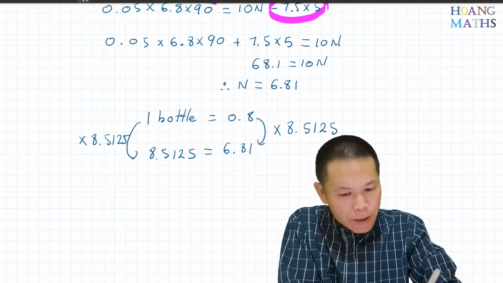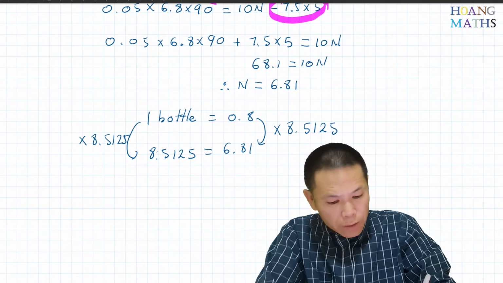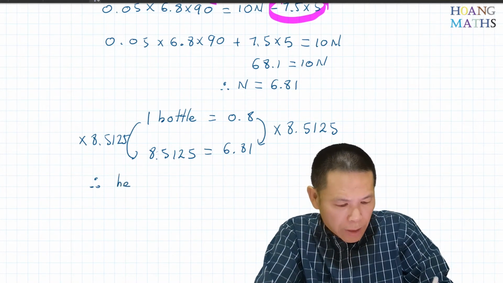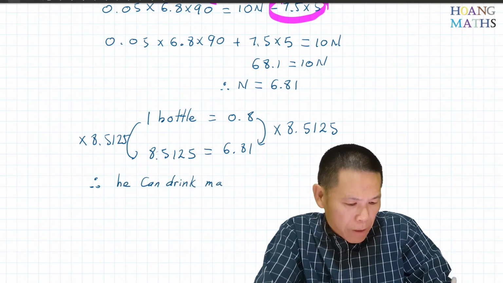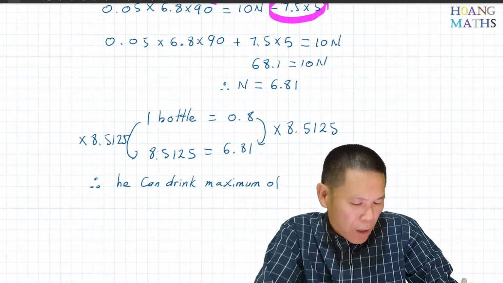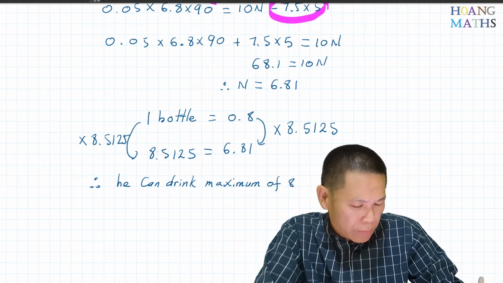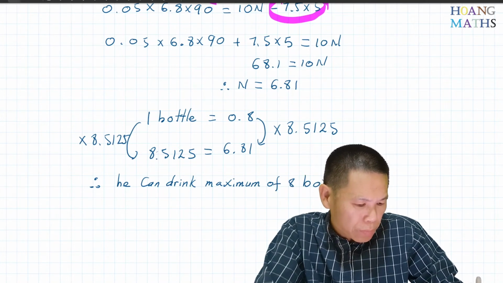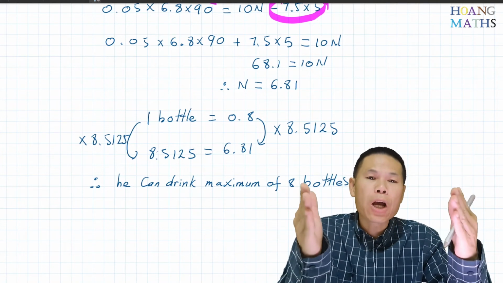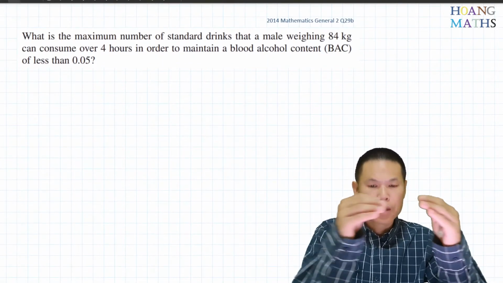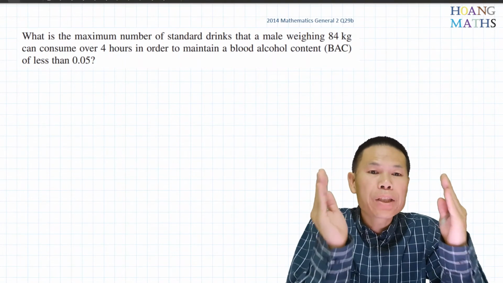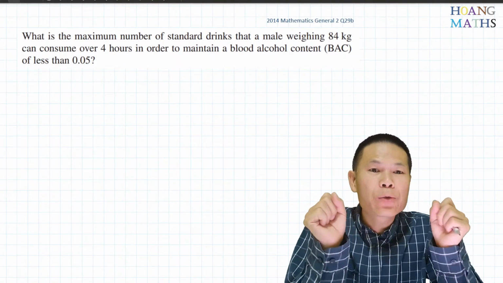So I just write this down. Therefore, he can drink a maximum of 8 bottles. There you go. I hope you got it correct. Last one. Please stop the video and try this one yourself.